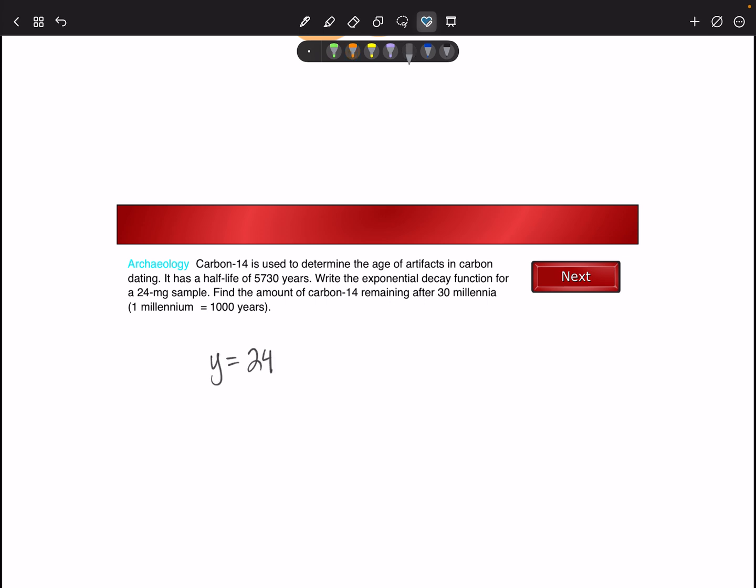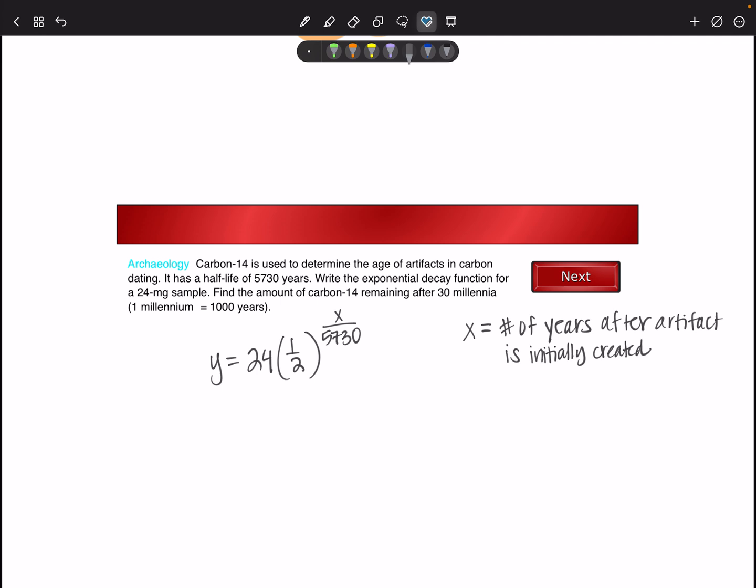I've got y equals 24 times 1/2 raised to the x over 5730 power, where x is measured in the number of years after the artifact is initially created. I guess that's what you would say. An artifact is created, came into existence.